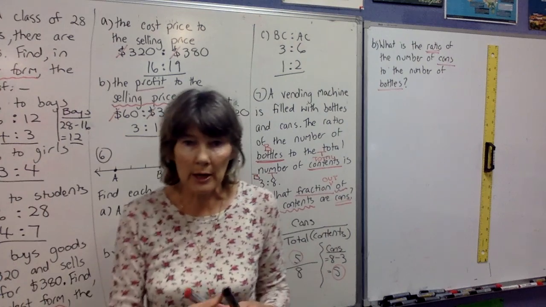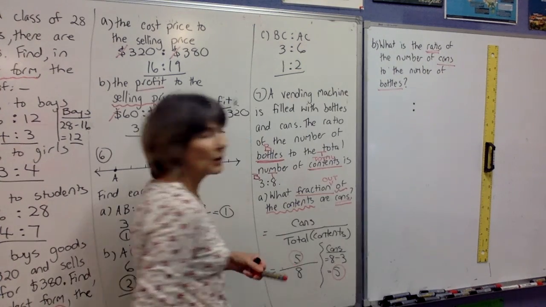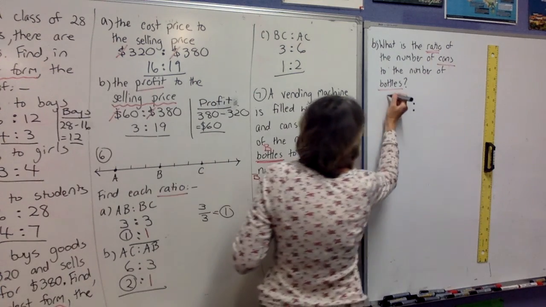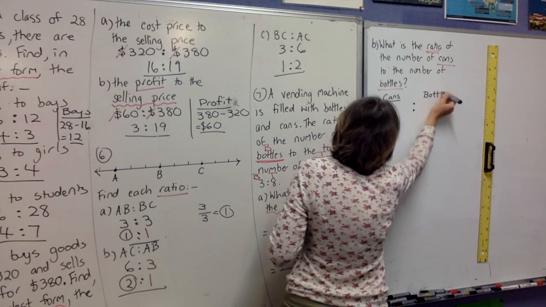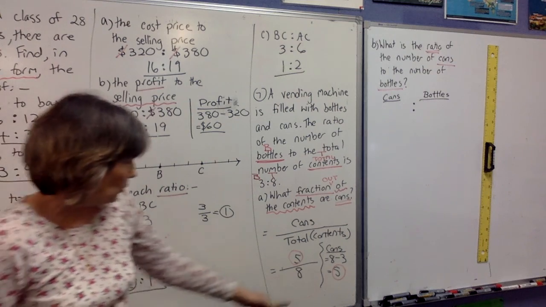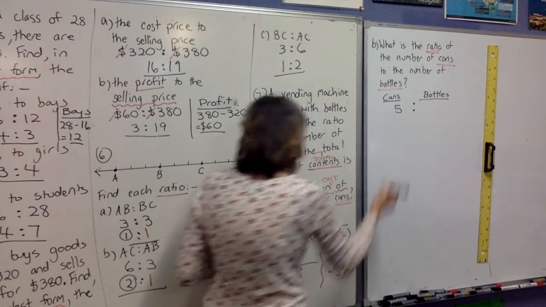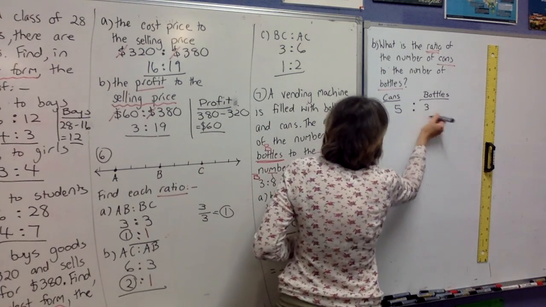So we are giving a ratio this time. So let's put a ratio dots down, the colon. We want cans first, bottles second. I'm going to write some words here. Cans, bottles. All right, let's have a look through what we've done so far. We worked out cans down here, it's 5. Bottles was in the question, it's 3. And that's all you do.